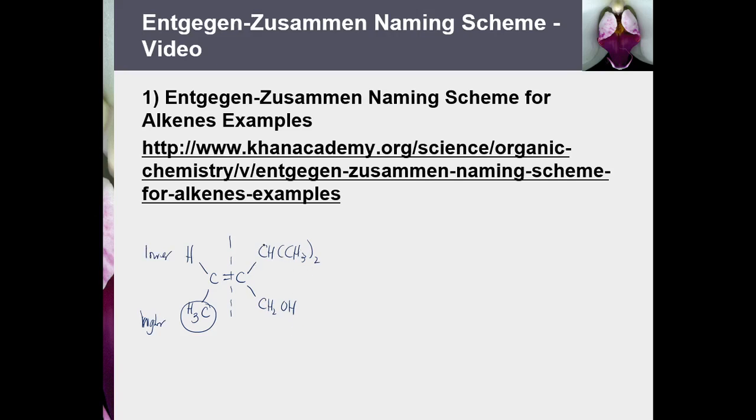So, ito, by rule number 1, i-drawing natin, C, H, CH3, CH3. So, ito, dinowing ko lang siya ganun. Tapos, ito naman ay C, H, H, O, H.